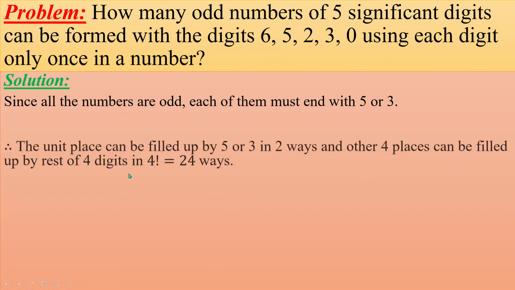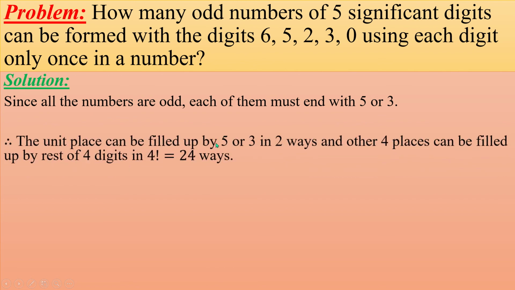The unit place, that means right number, can be filled up by 5 or 3 in 2 ways, then 10th place, then 100, then 1000, then 10,000, and the other 4 places can be filled up by the rest of 4 digits in 4 factorial. This is equal to 24 ways.